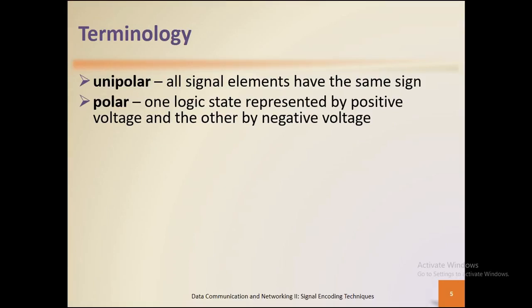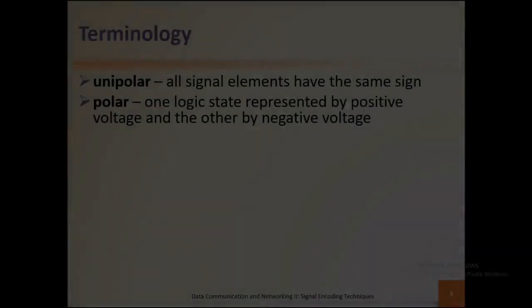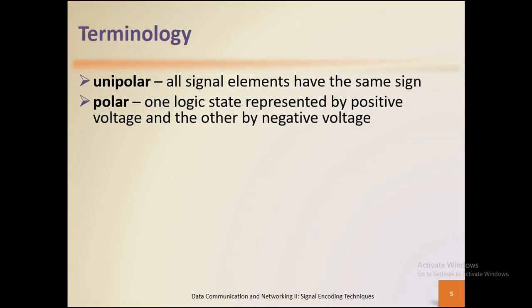Since we're dealing with electrical signals within an electronic device. Polar signal, on the other hand, has a signal element that encompasses two various voltage levels.